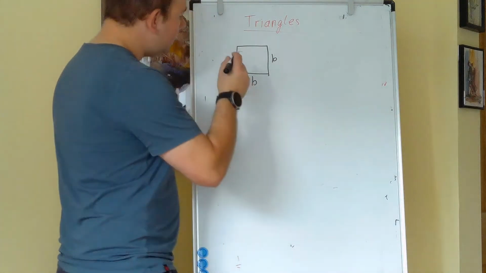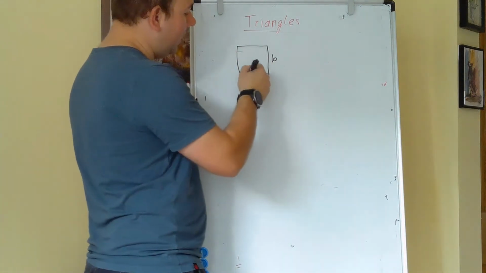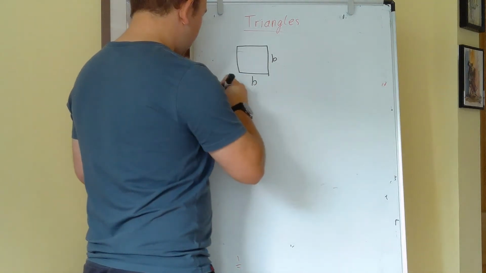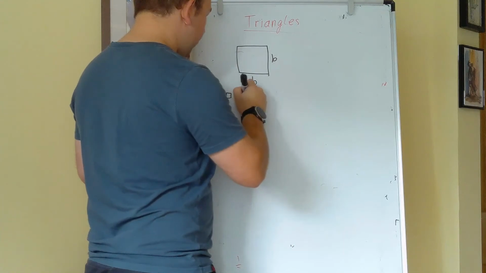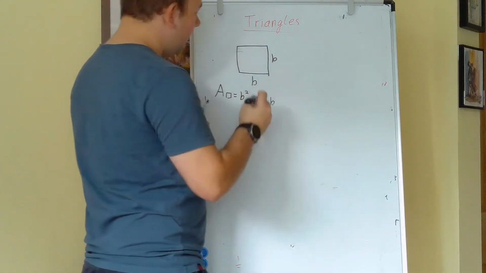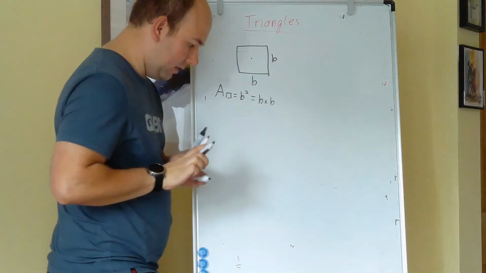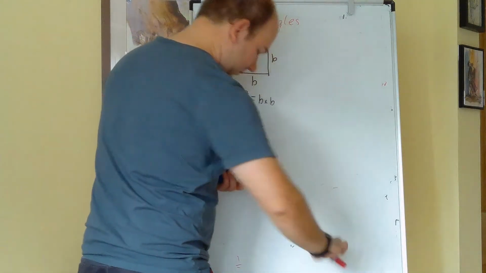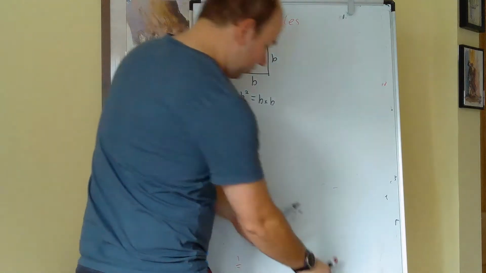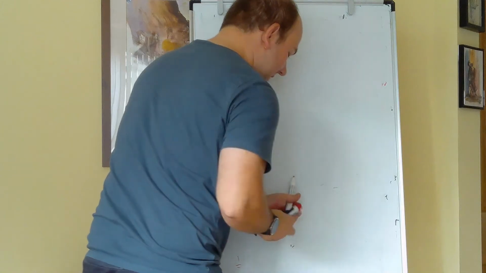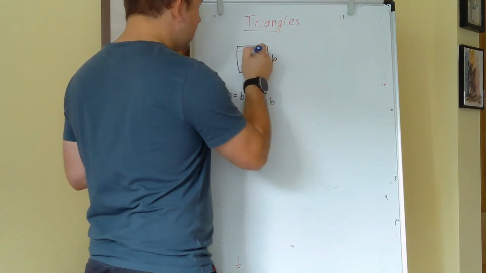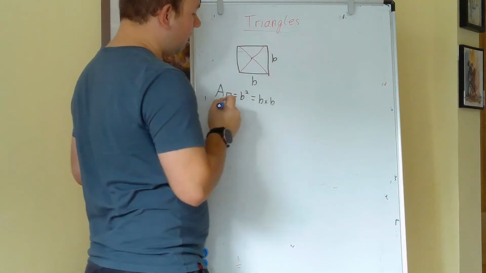So let's imagine we have a square of lengths B and B. So the area of the square is equal to B squared, which is equal to B times B. If you put a dot in the centre and we draw our triangles up to this, we have 4 triangles.